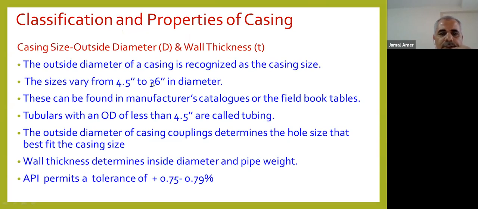As we said, we have different types of diameter. Here we have 4.5 diameter. Any diameter bigger than 4.5 OD, up to 36, we call casing. Those of 4.5 and less we call tubing.